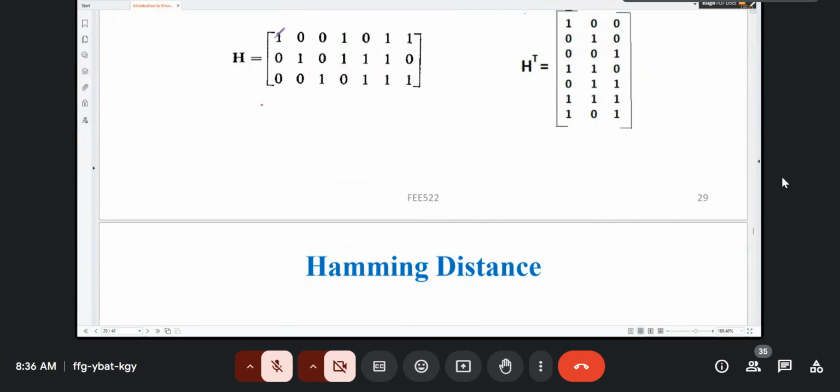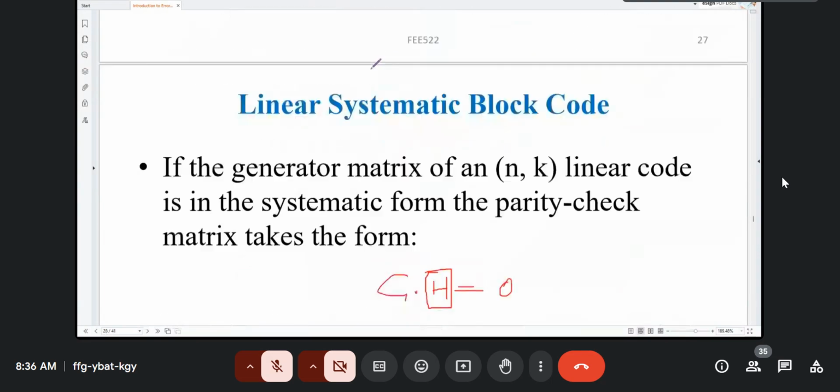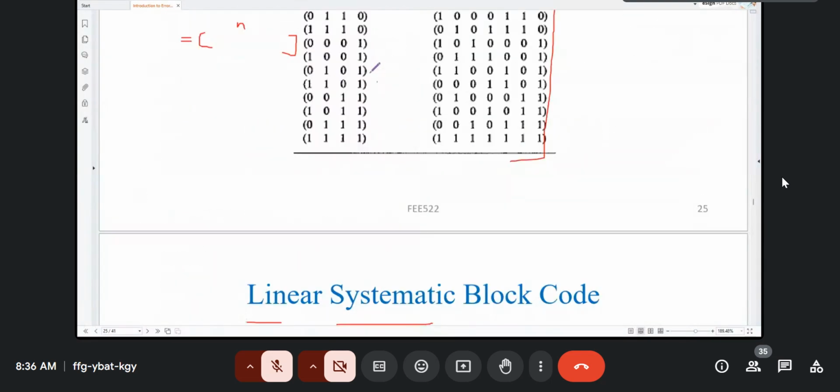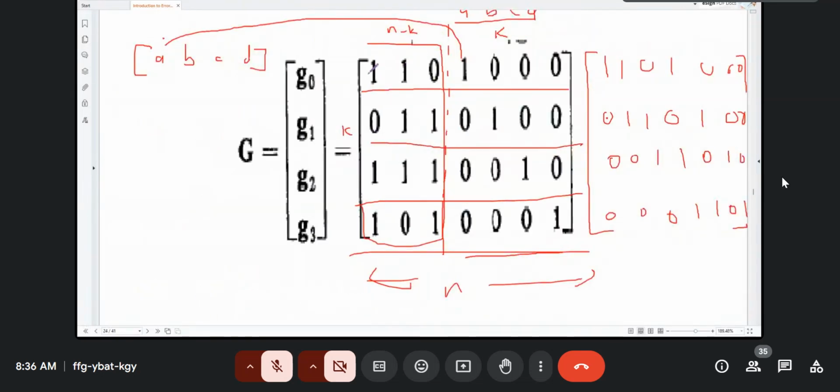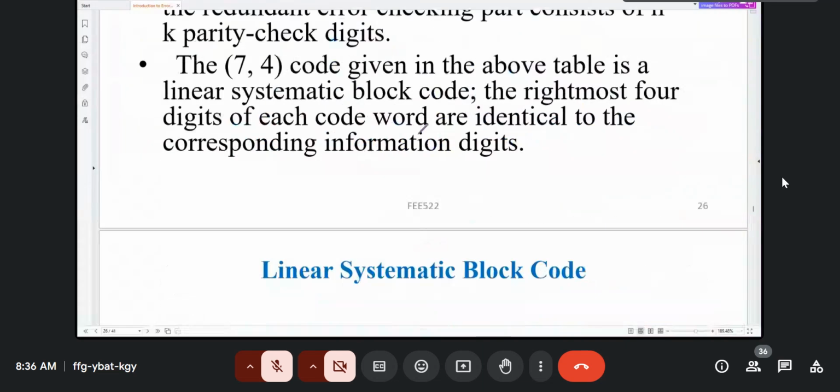You see? An N minus K identity matrix, and then this other part, an N minus K by K, which is simply P transpose. Because remember P in our case is this one. That is P. So this is our P transpose.